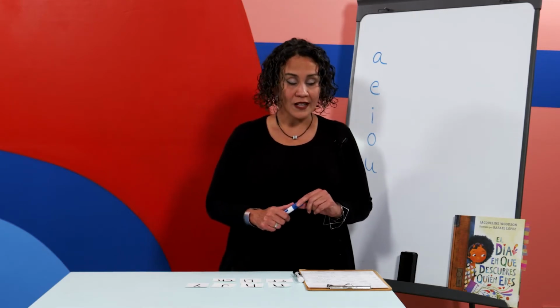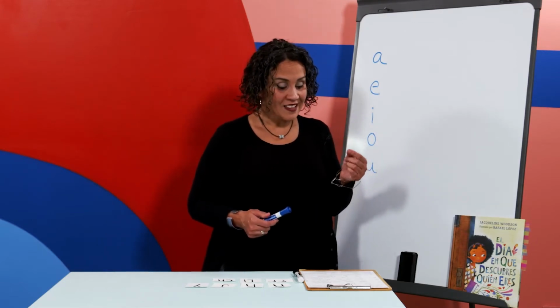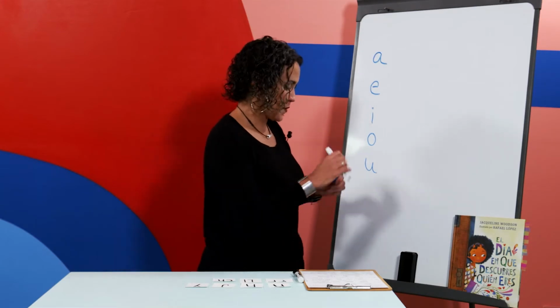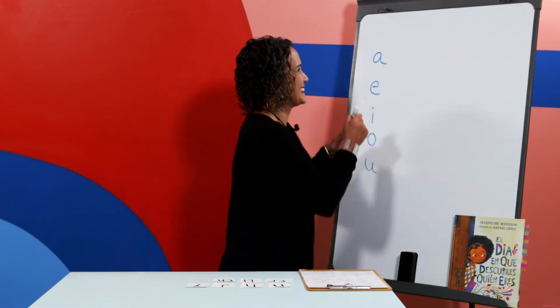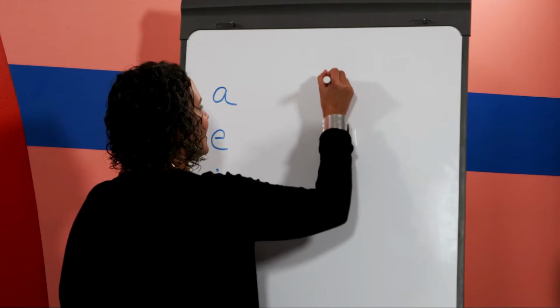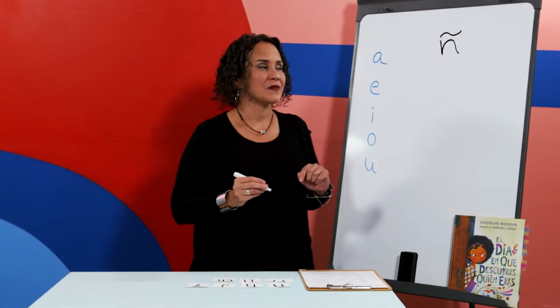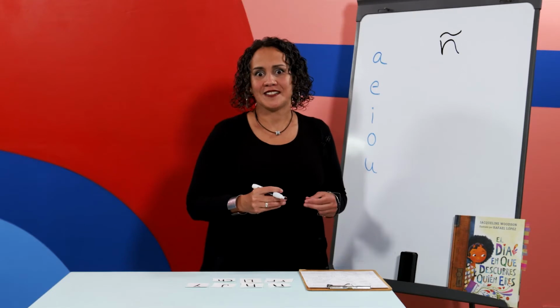Today, we're going to look at other consonants, where one is different and the others just sound different. So we're going to start with this one. The name of this letter is ñ, and it sounds like that middle part in the word lasagna.